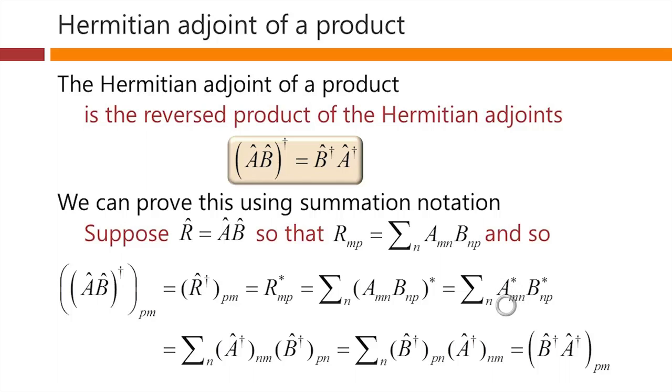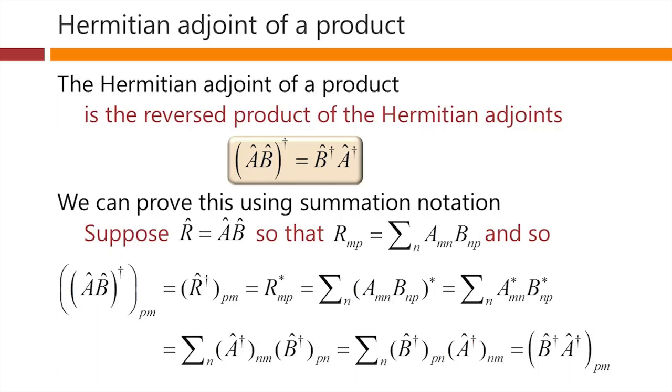But this element here, A star mn, would be the nmth element of the matrix A dagger, A Hermitian adjoint. And similarly, the complex conjugate of the pnth element of B would be the pnth element of the Hermitian adjoint of B.